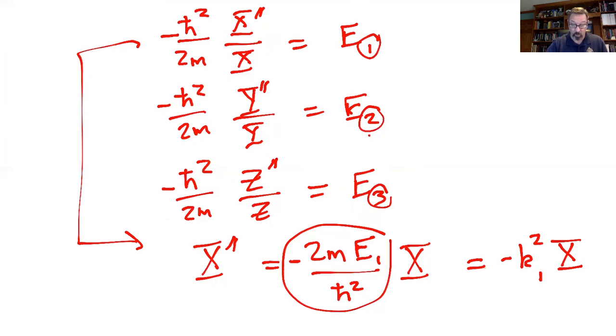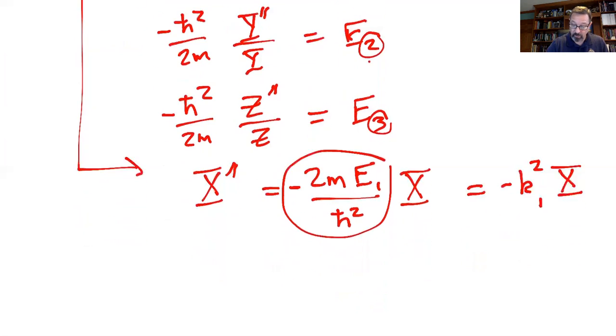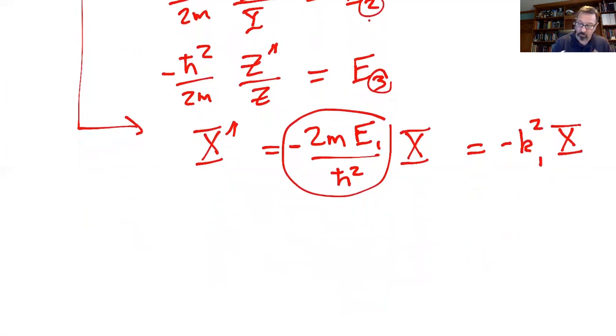I have a similar one for y double prime, a similar one for z double prime. And the good news is we've solved this one several times. And so I think I told you last time, the answer to this differential equation, when there's a negative sign right there, could either be a complex exponential or sines and cosines. We're going to go with sines and cosines here.